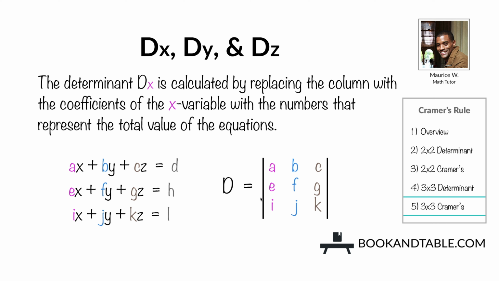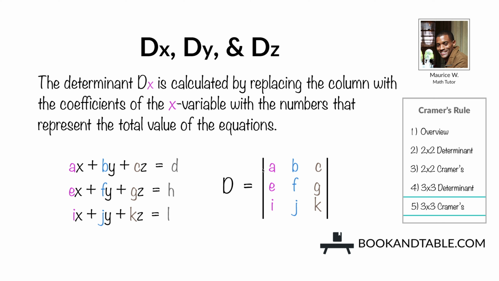Now, let's discuss dx, dy, and dz a little bit further. The determinant dx is calculated by replacing the column with the coefficients of the x variable with the numbers that represent the total value of the equations. So when we're calculating the determinant of the system, we use a coefficient matrix.